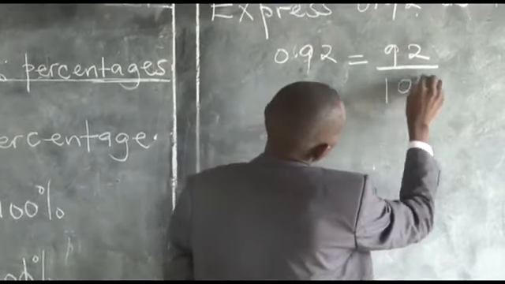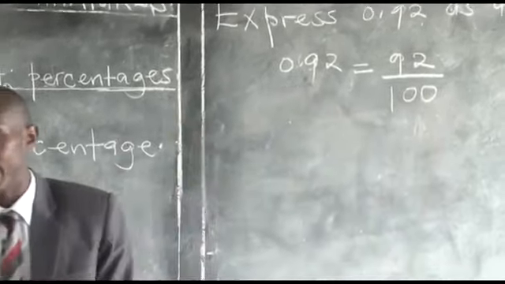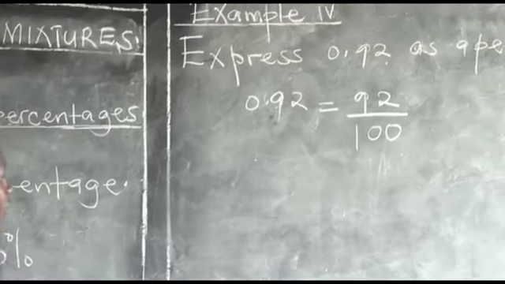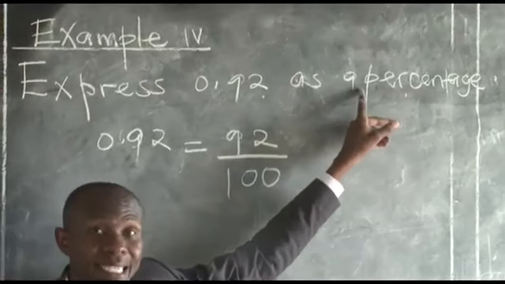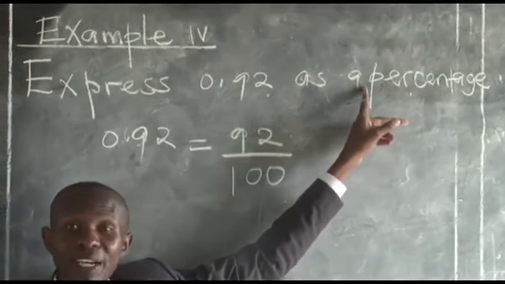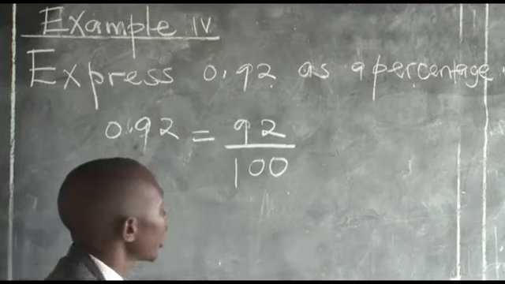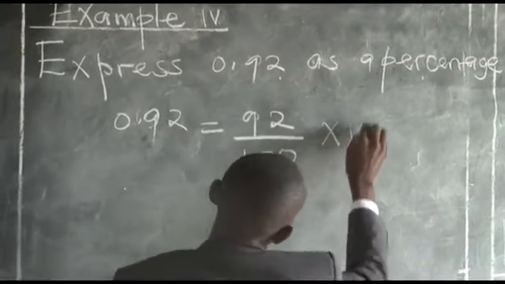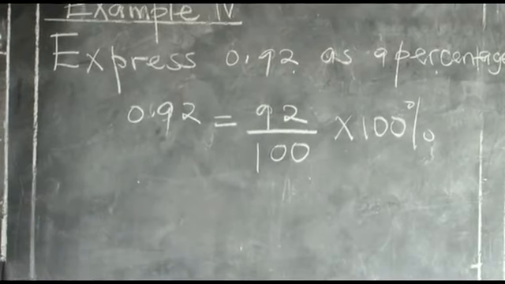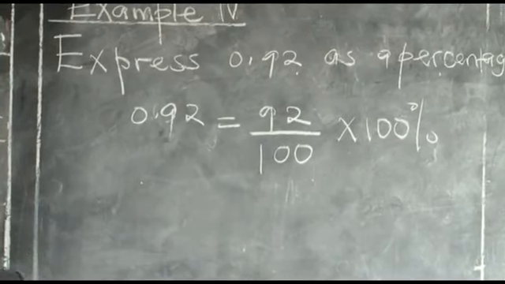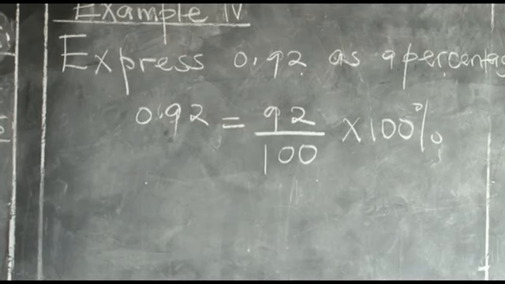If they are 2, it means we shall say out of 100. So if it is out of 100, where are we going? We are going to percentage. So we are changing everything to percentage, meaning that we say times 100%. We are multiplying by 100% because we are changing to percentage.